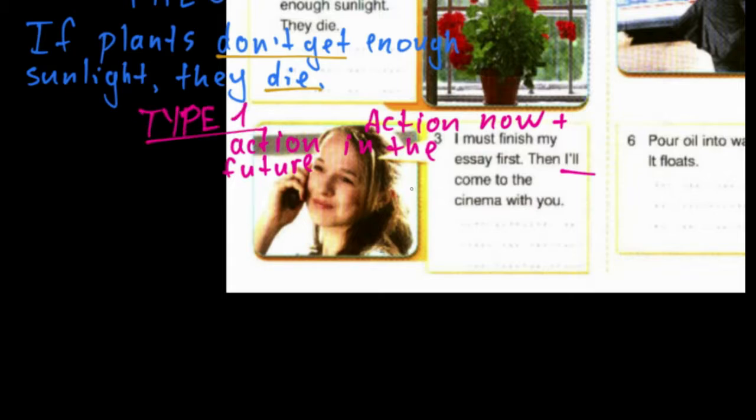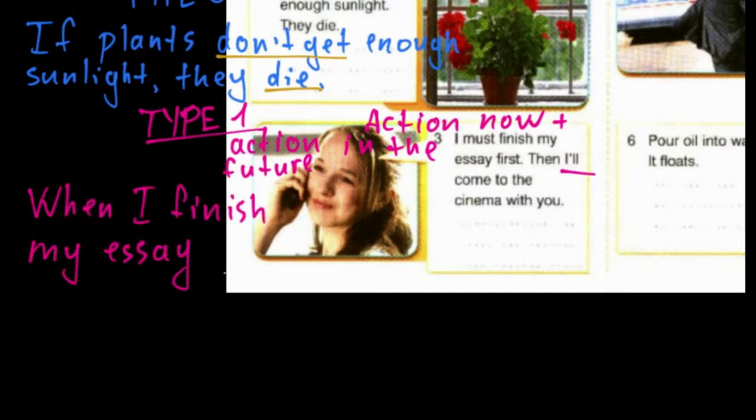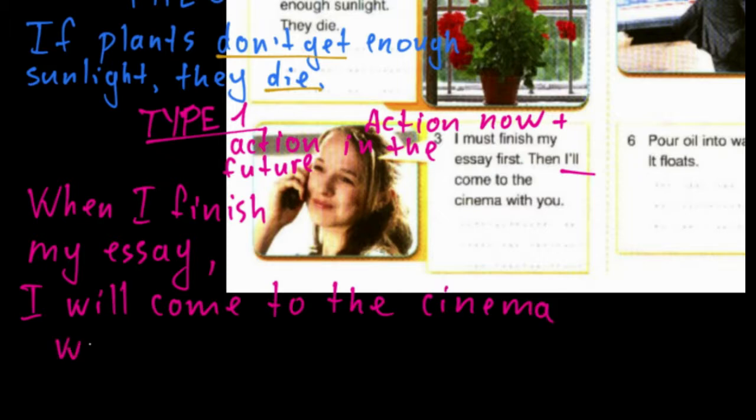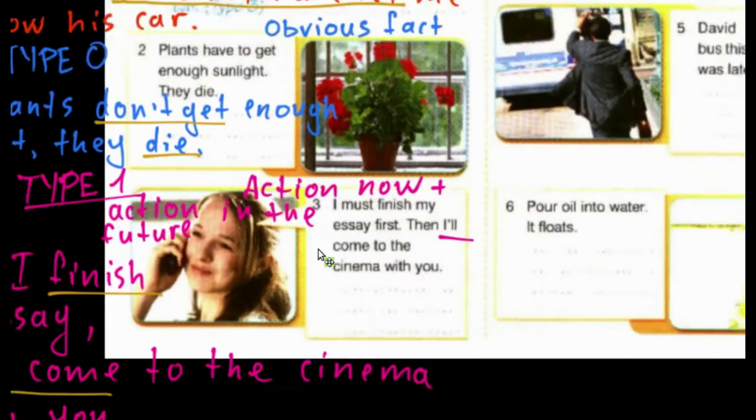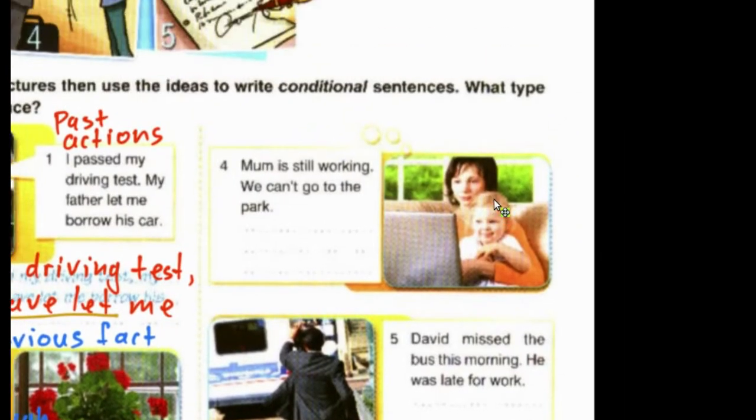And I think instead of if, in the if clause, I will use when. When I finish my essay, I will come to the cinema with you. So here we use present simple in the if clause, and then in the main clause we use future simple, and that's type 1.